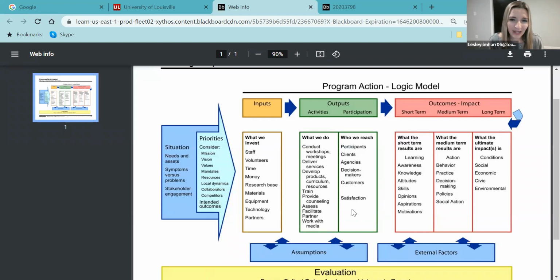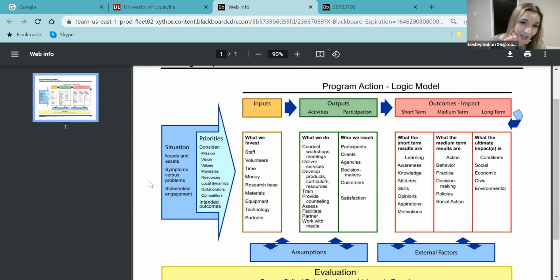I may or may not include that in there because I'm not entirely sure how the client satisfaction would fit. I might actually move that more to an outcome than have it in the participation. But as you can see, what we're discussing for all of your projects is really the inputs and outputs.